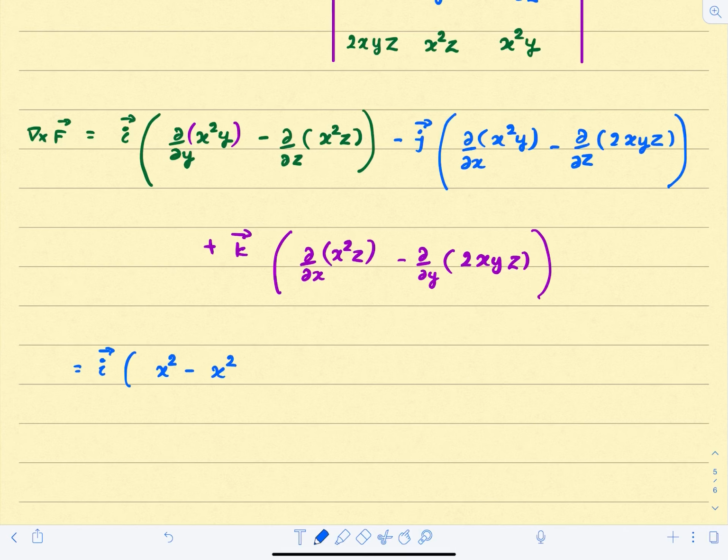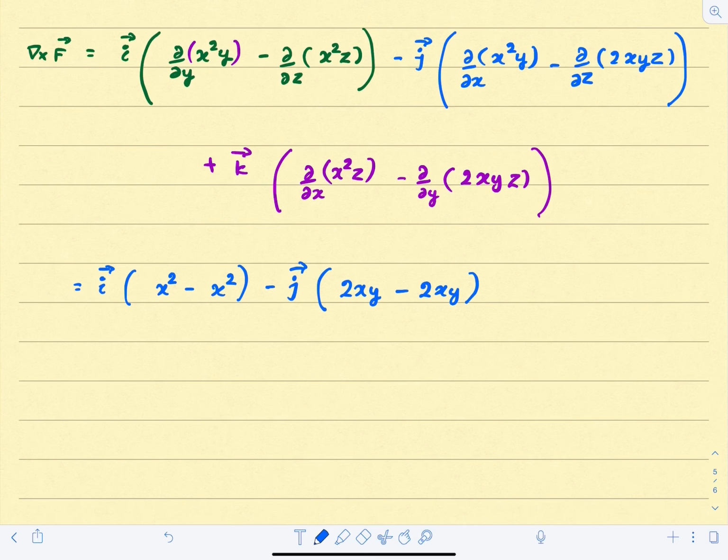We'll get this, minus j times partial over partial x of x squared y. So we treat y as a constant. Then derivative of this one should be 2xy, minus the partial derivative of 2xyz with respect to the z variable. So we can treat 2xy as a constant, and derivative of z with respect to the z variable is 1. So you will get minus 2xy.